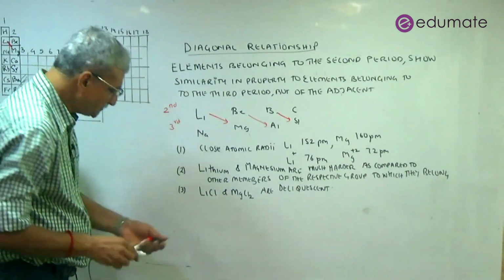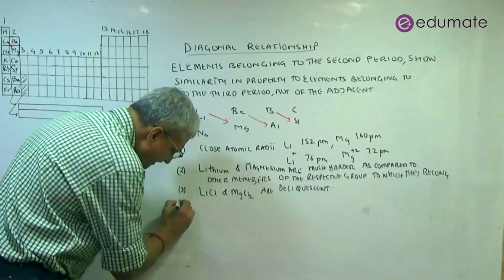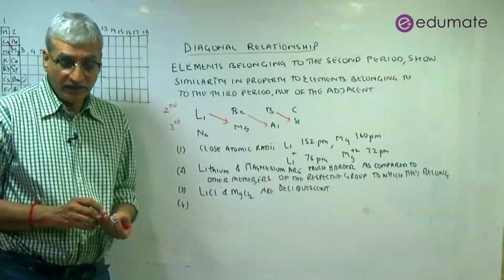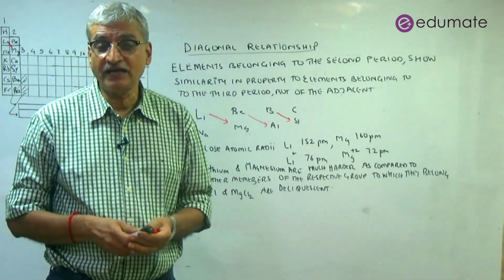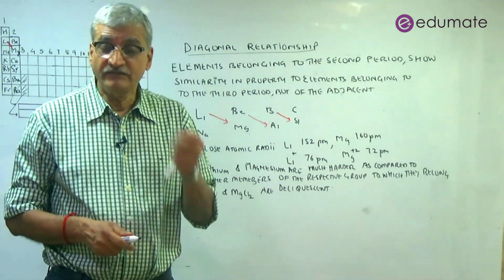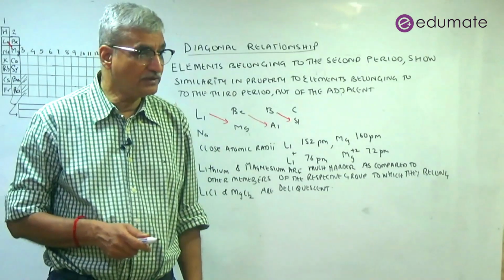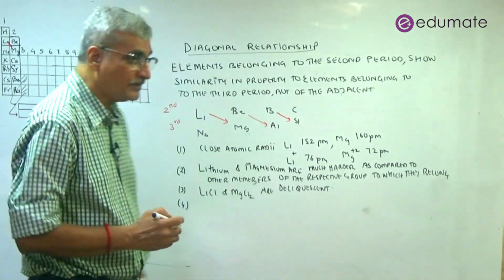Then the fourth point that we can think of is solubility. Because of the high polarizing power, we said lithium compounds are soluble in covalent solvents.